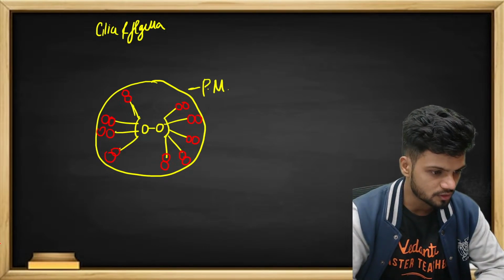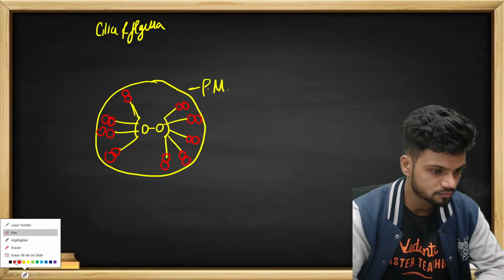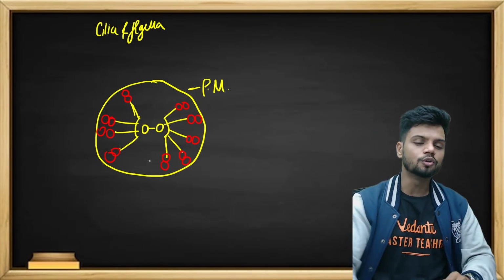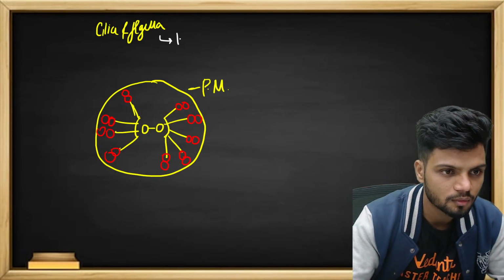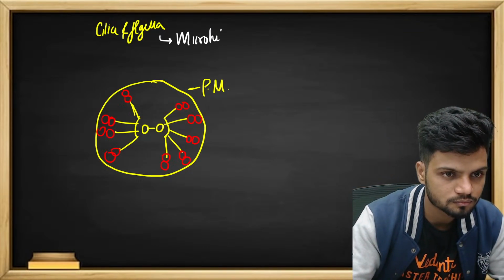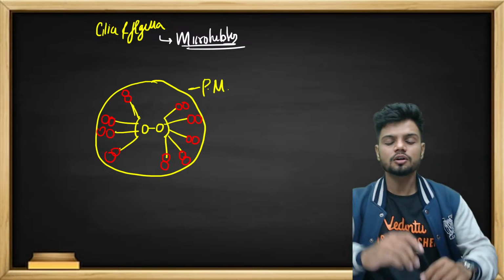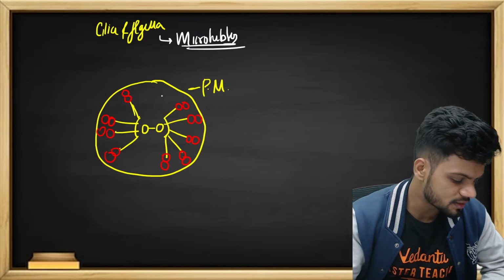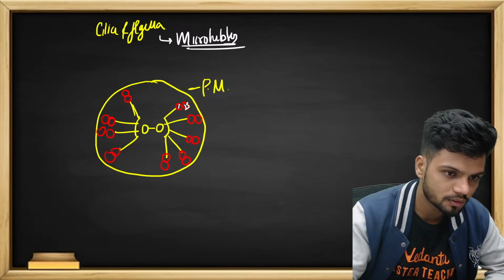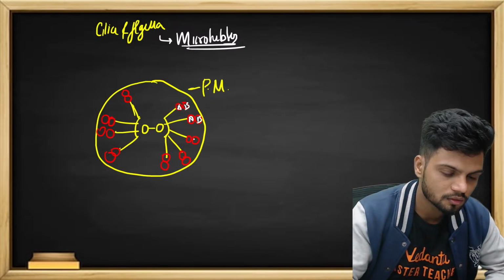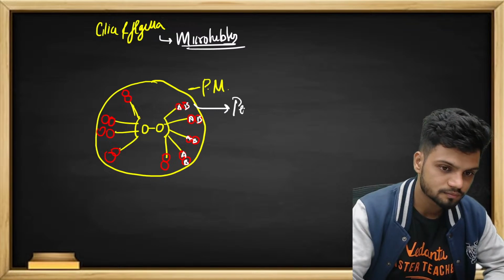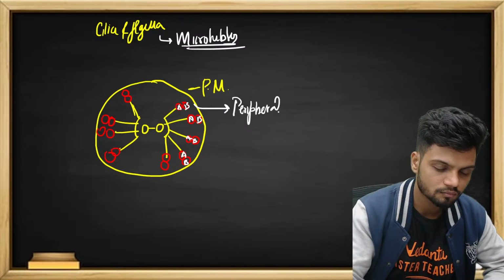Now, students, understand. In the structure of the cilia and flagella, I told you, cilia and flagella are made up of what? Microtubules. Since they cannot contract and relax, they have to form a group. So this is the gang here. Now, if you notice, this outer part, the red part, is called the peripheral microtubule.